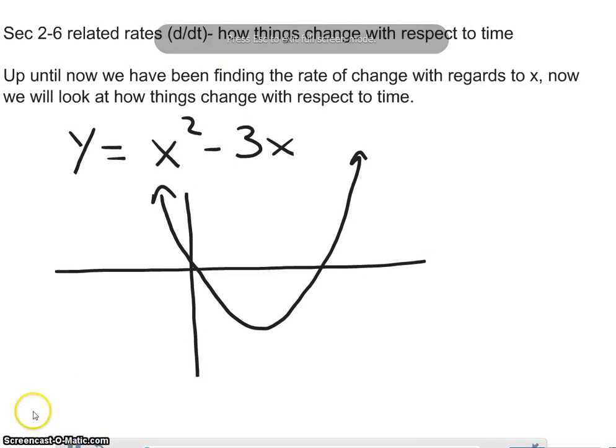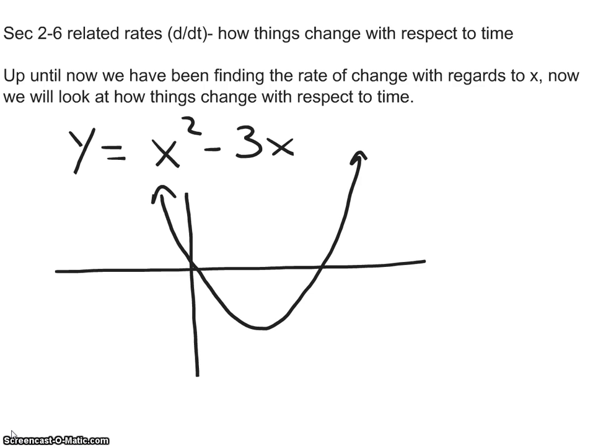Hi class, and welcome back to another exciting day of Cool Academy. We are now going to be dealing with related rates, dy/dt, how things change with respect to time. Up until now, we've been finding the rate of change, we've always done it with regards to x. We found d/dx, we found dy/dx. We were talking about how the graph is changing while looking at how, knowing what x is, what's happening with y, how fast is y changing, but only with regards to x.